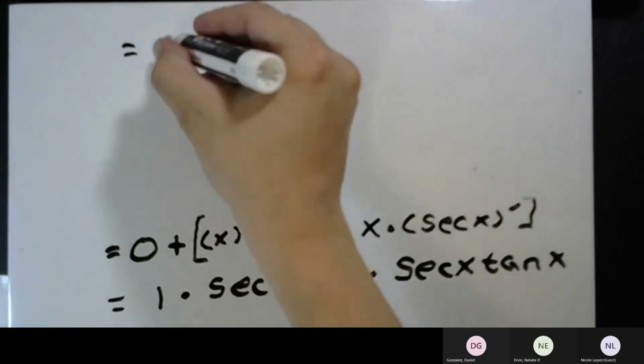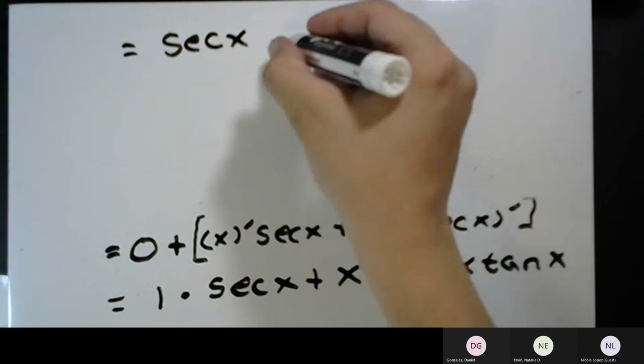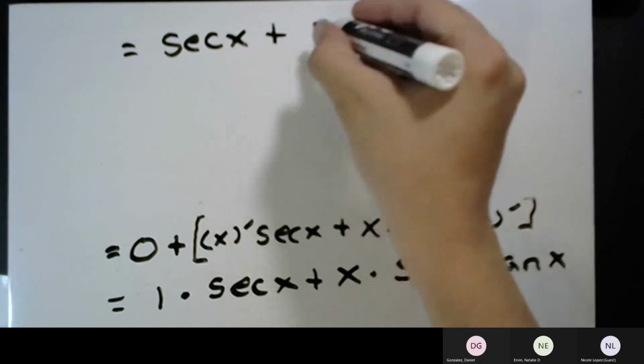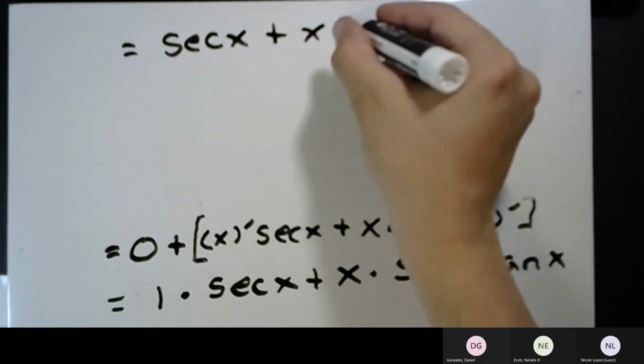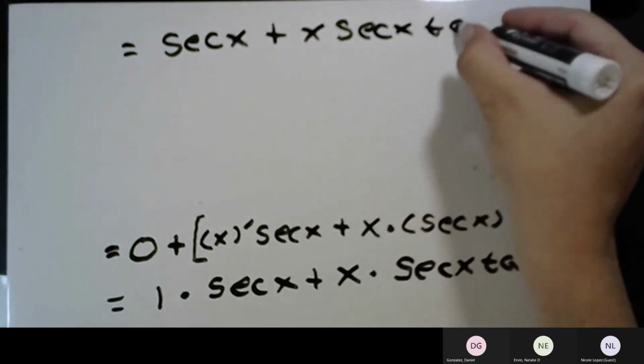And so that's going to give us secant x plus x secant x tangent x.